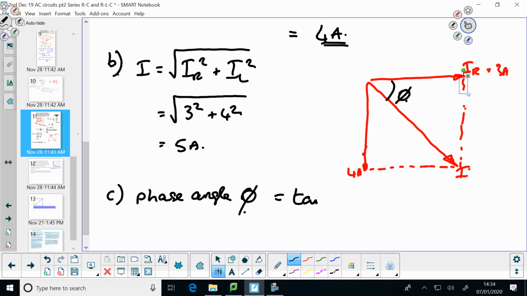That is tan to the minus 1 of IL over IR, which is, well, degrees is fine. Lagging or leading?